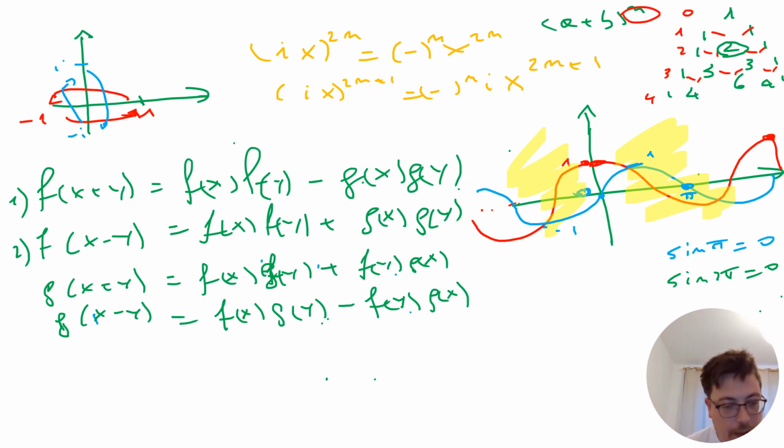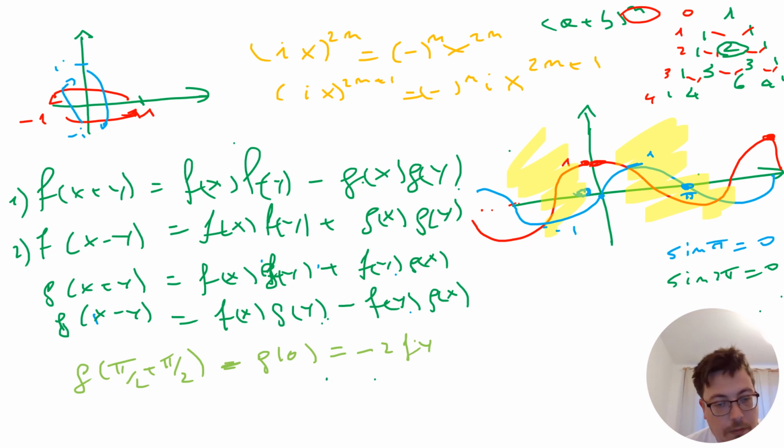So let's see if I can get this with g of pi over 2 plus pi over 2, and this is minus g of 0, because it's the difference, minus 2 f of pi over 2 g pi over 2.